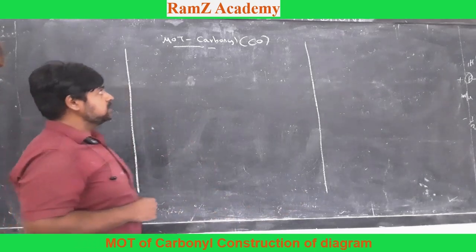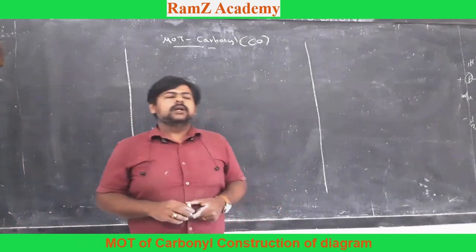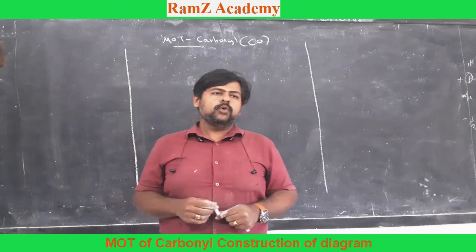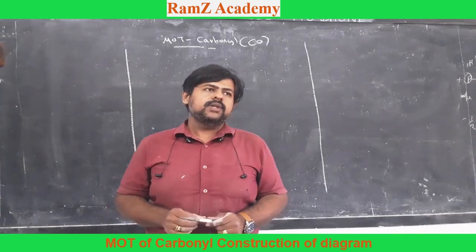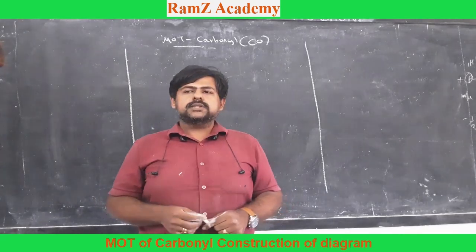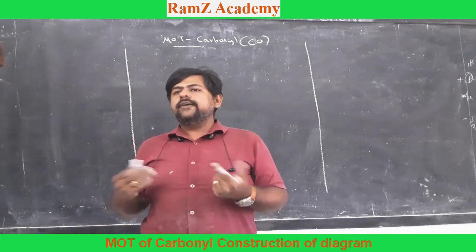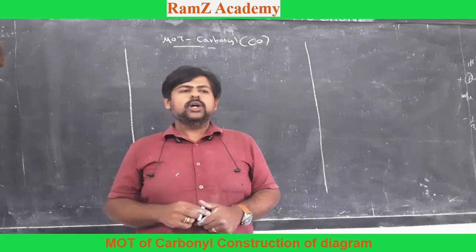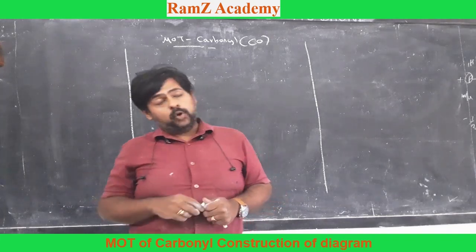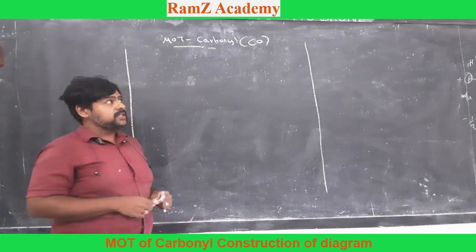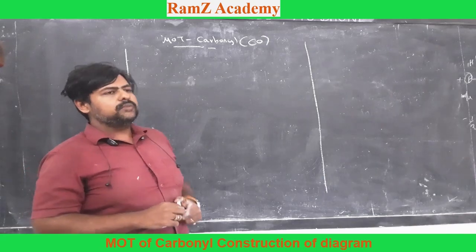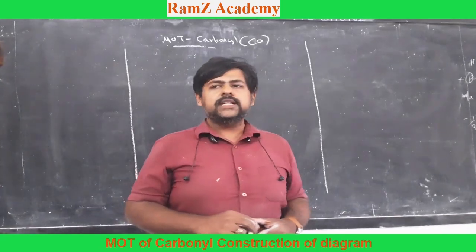So as usual we start. This is the first heteronuclear molecule that we are addressing in the MOT diagram. Earlier we have seen simple homodiatomic molecules like Li2, F2, O2, N2 and so on. Now we are addressing the heteroatomic species, that is CO. As usual we start by giving a place for these atoms.